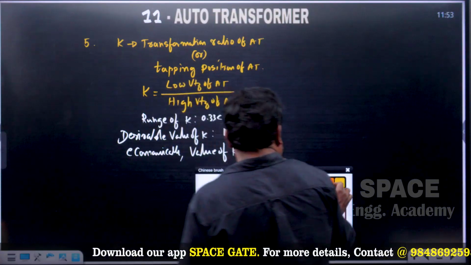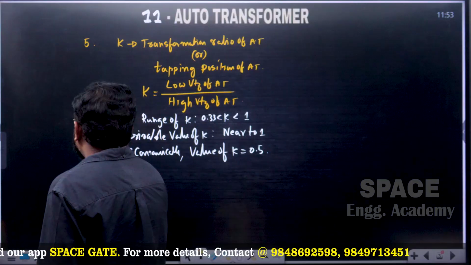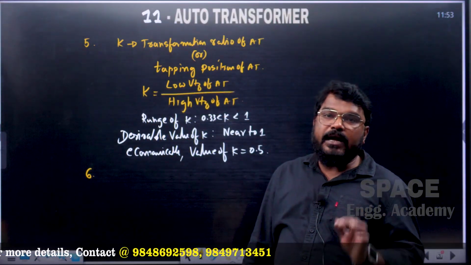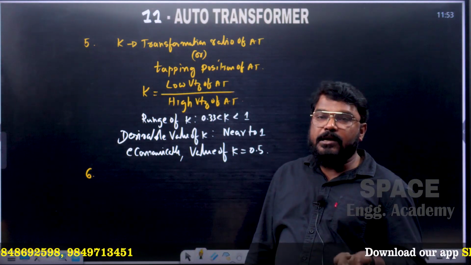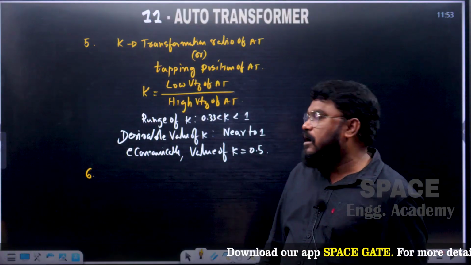And next one, sometimes we have a question, the sixth observation here, sixth possible question: weight comparison between a single phase two winding transformer and a single phase auto transformer.